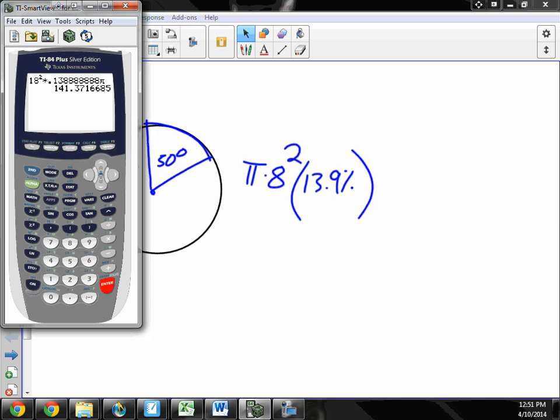No. Not 18 squared. Oops. I'll figure this out eventually. There we go. So your particular slice of pizza is 27.925 square inches. Don't know. This was a low fat pizza. I'm just teaching you how to find area of a sector.